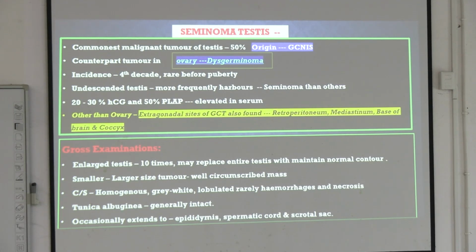it is homogeneous, lobulated, multinodular. The cut surface bulges from that surface, and it is grey-white to yellowish in color. It may have hemorrhage, but usually hemorrhage and necrosis are not present, though in a very advanced case you can get hemorrhage and necrosis of that tumor.